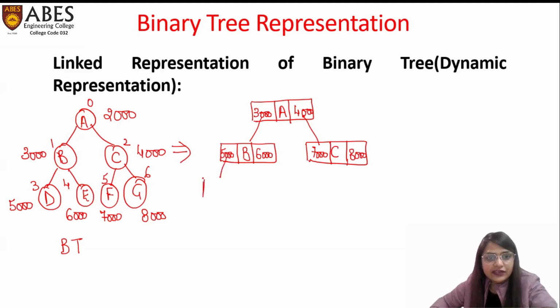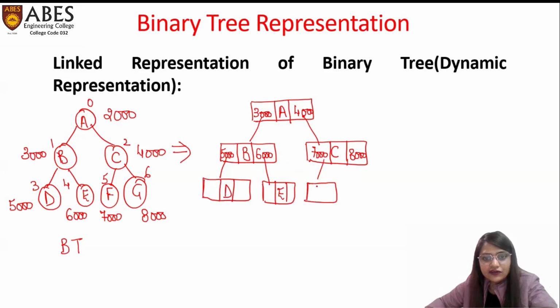This 5000 will be connected to the information part D, and this 6000 will consist of E. Similarly here, it will consist of F and this will consist of G.